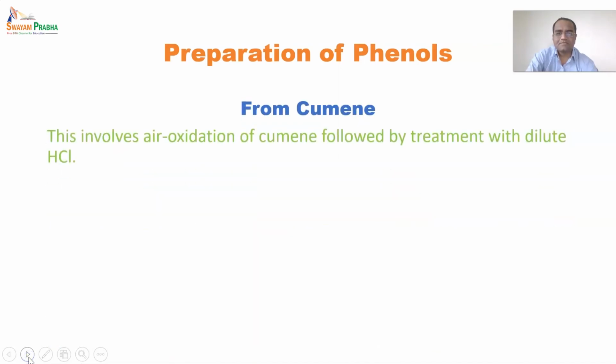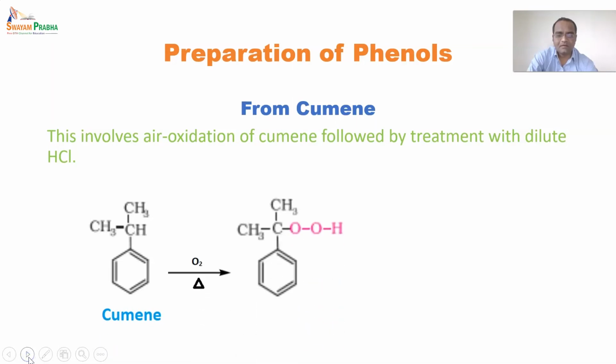Next, that is from cumene, and we have seen the structure of cumene in the benzene and its derivative chapter. So it is nothing but isopropyl benzene. From cumene, this involves air oxidation of cumene followed by treatment with dilute HCl.